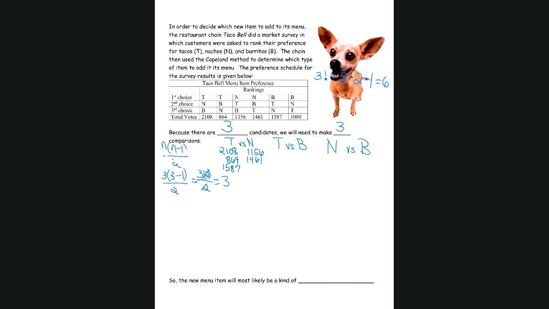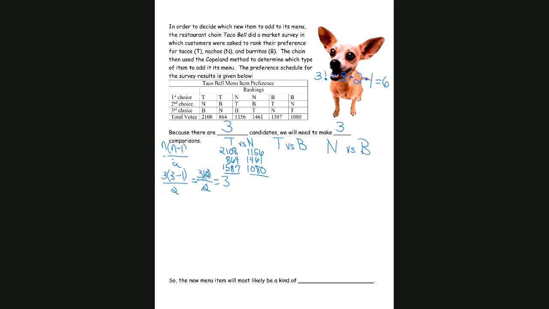And then the last one is what we have to compare. Nachos is above tacos again here, so nachos gets the 1080 votes. And now all I have to do is add these up, and I've already added these up for us.